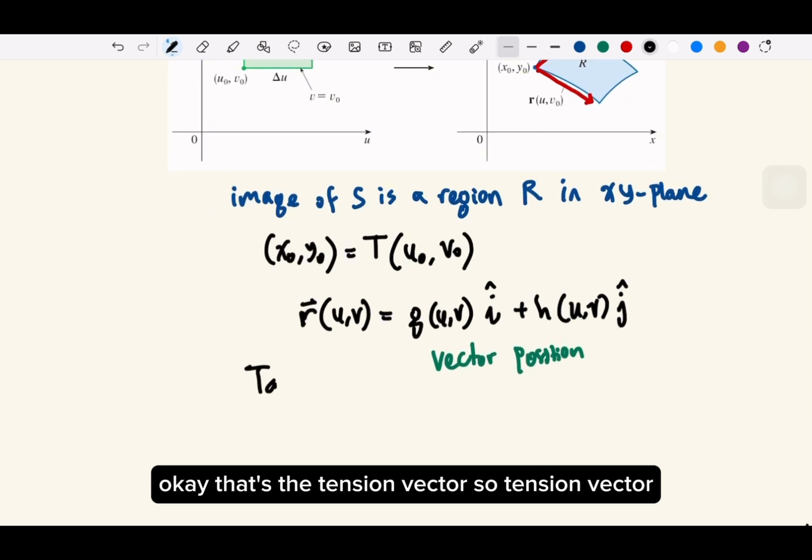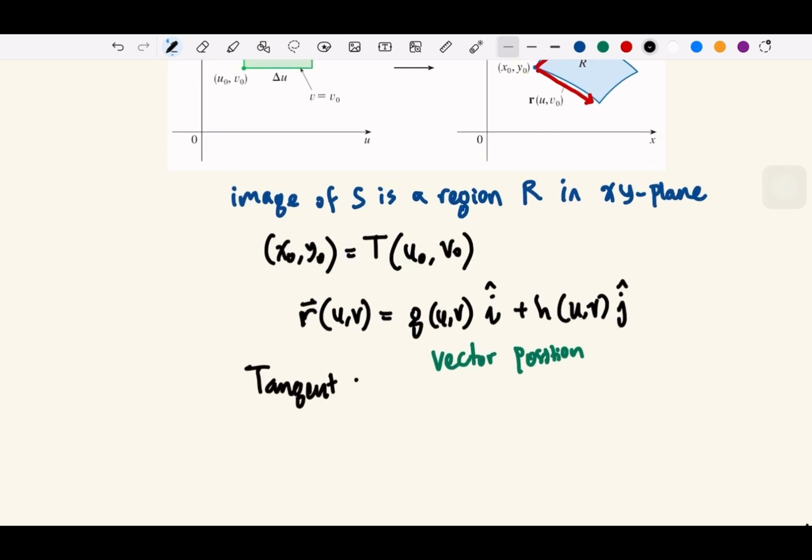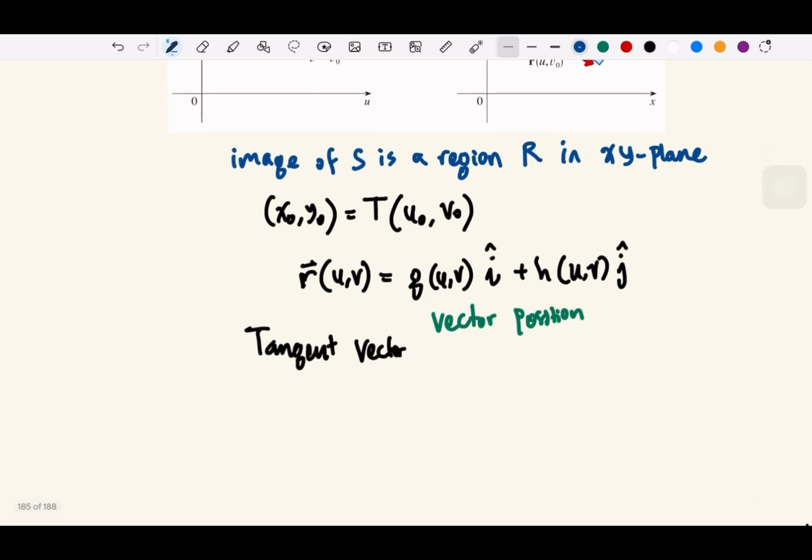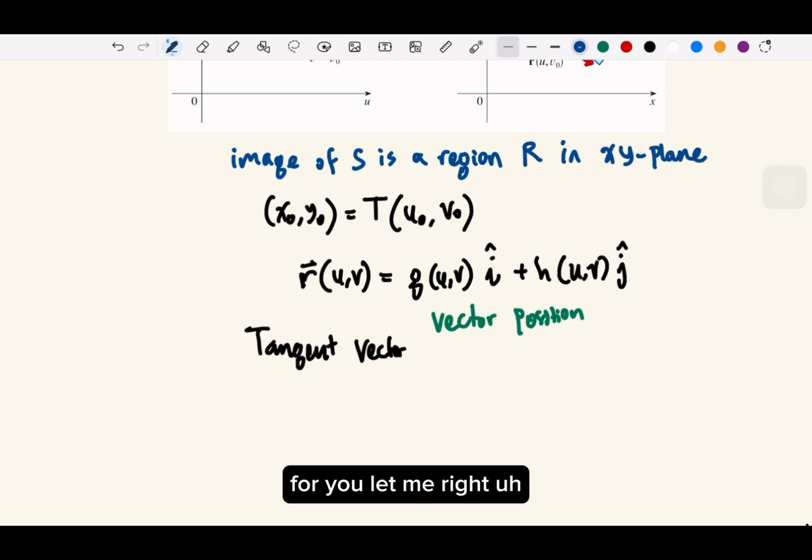So first is the tangent vector for U. Let me write.